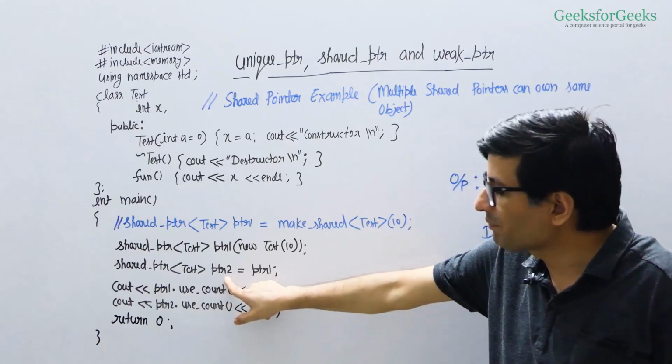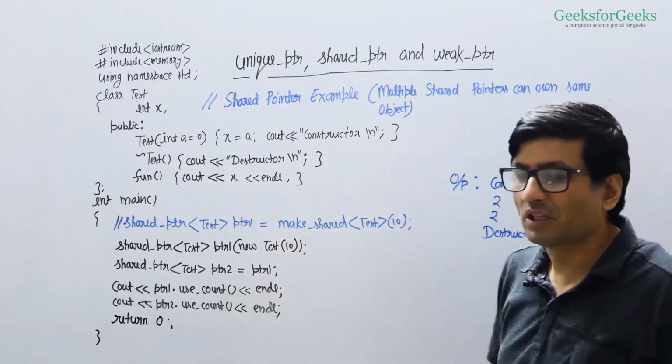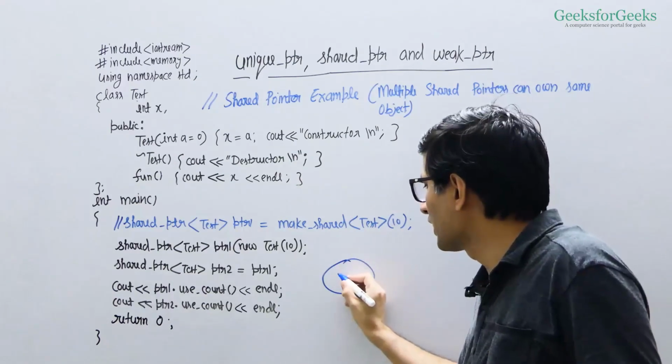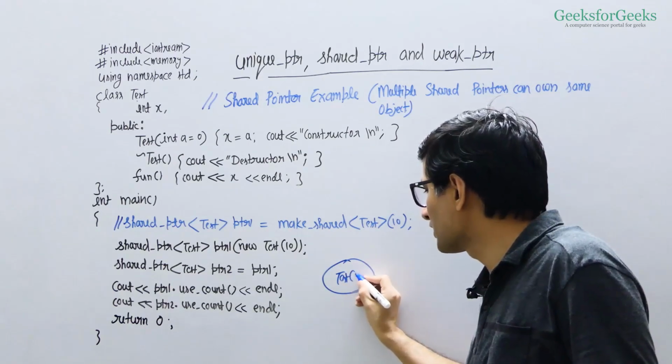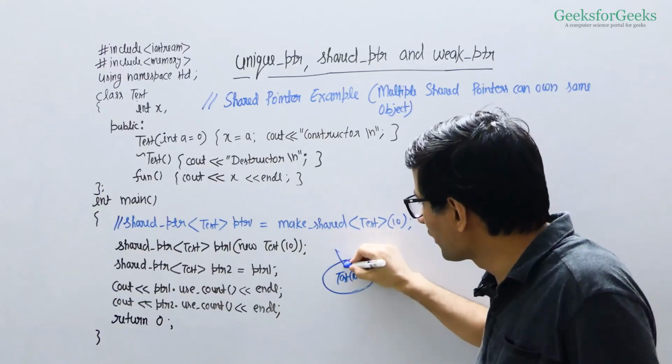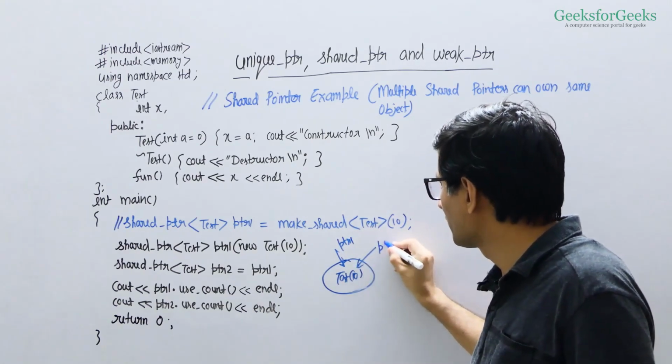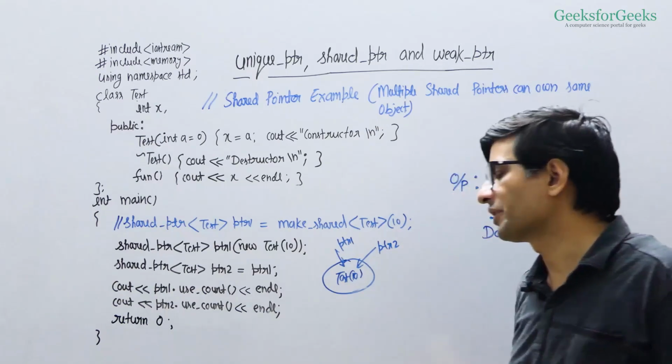Then we have PTR2 equal to PTR1. Now what happens is you have one object of test type which has value 10, and now two pointers PTR1 and PTR2 co-own it, right? These two shared pointers co-own it.